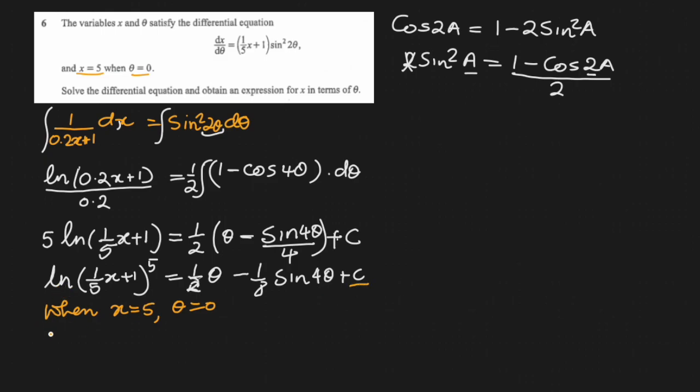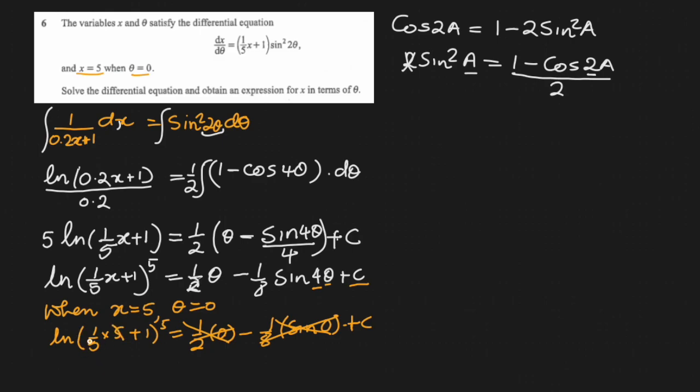So I'll write here natural log 1 over 5 multiplied by 5 plus 1 to the power 5 equal to half times 0 minus 1 over 8 sine 4 times 0 will be 0 plus c. So sine 0 is 0, so this whole thing is gone. 0 times anything is 0, this is also gone. So c is equal to whatever comes out here.